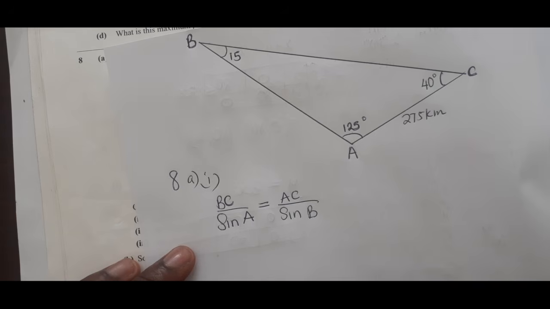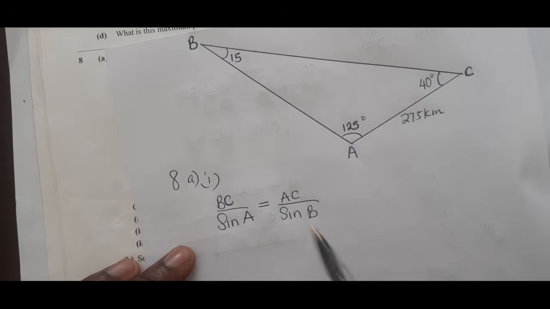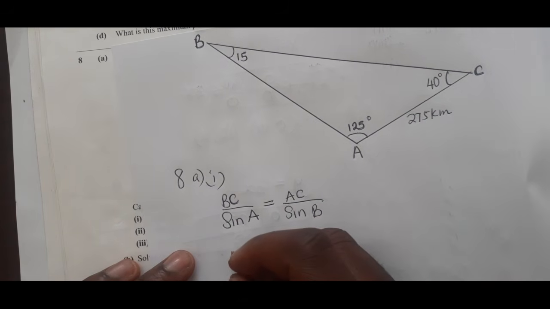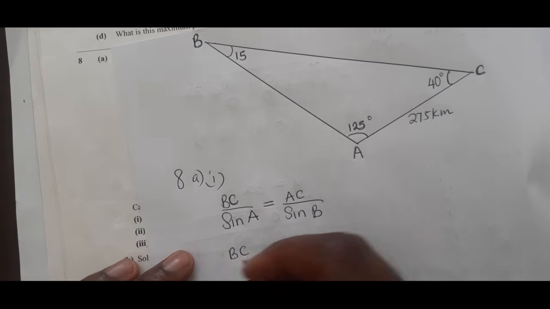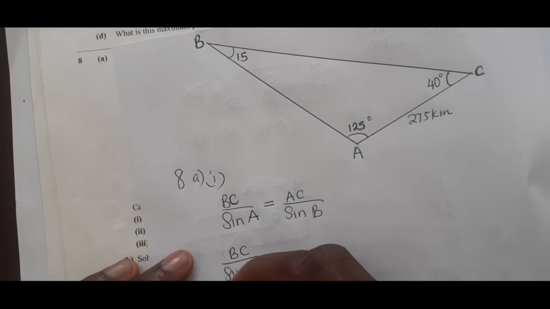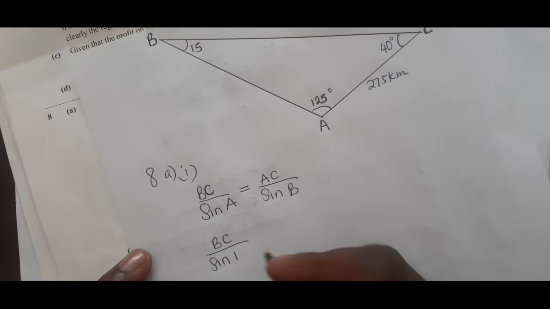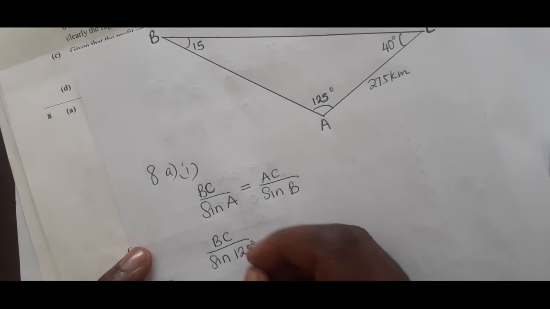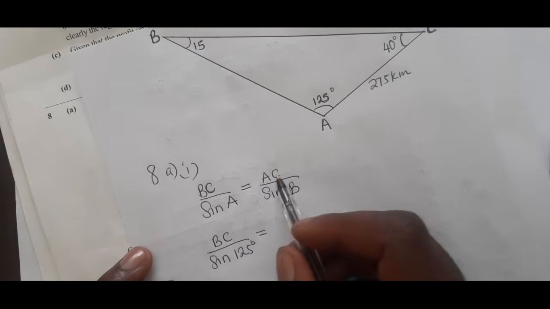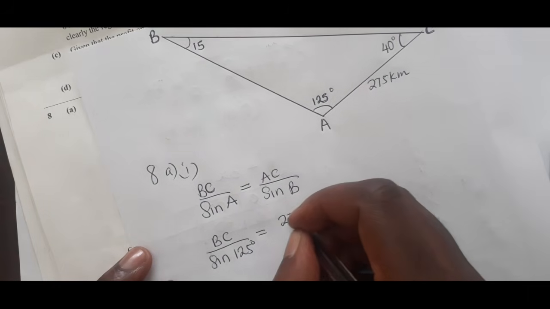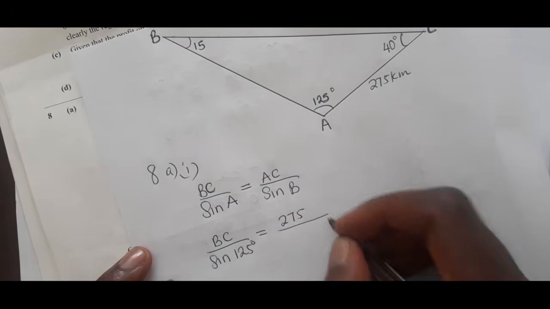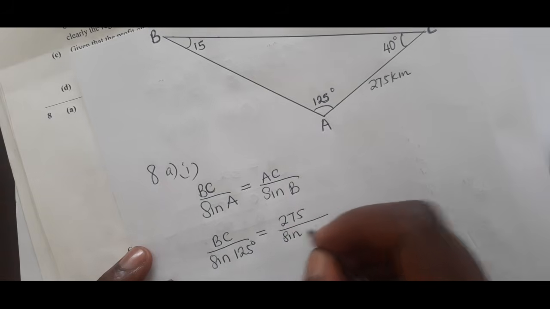This one we have the side and the angle, so this is going to be maintained. So we have BC over sine A. The angle at A is 125 degrees. This is equal to AC, which is 275 kilometers, over sine.